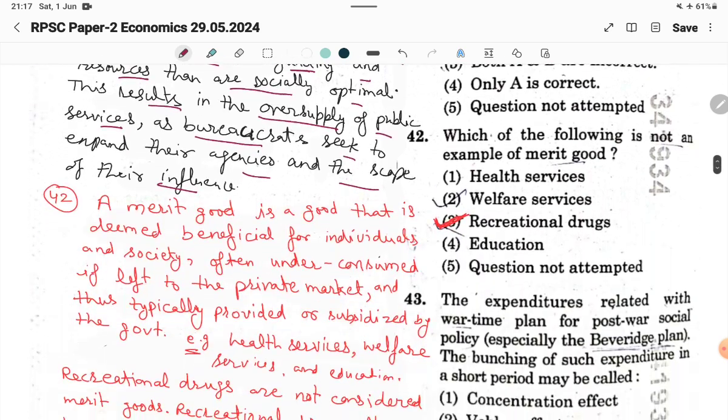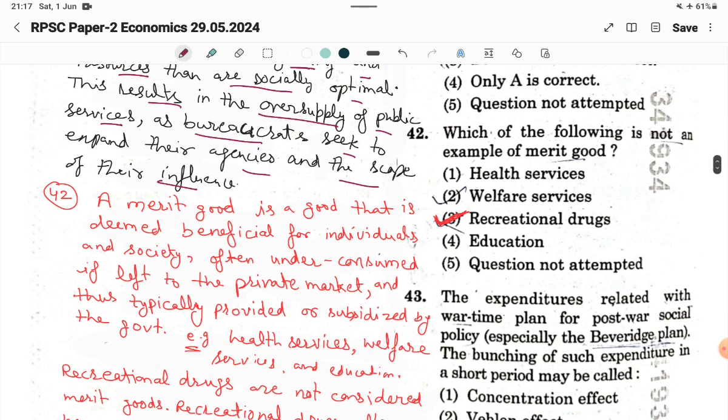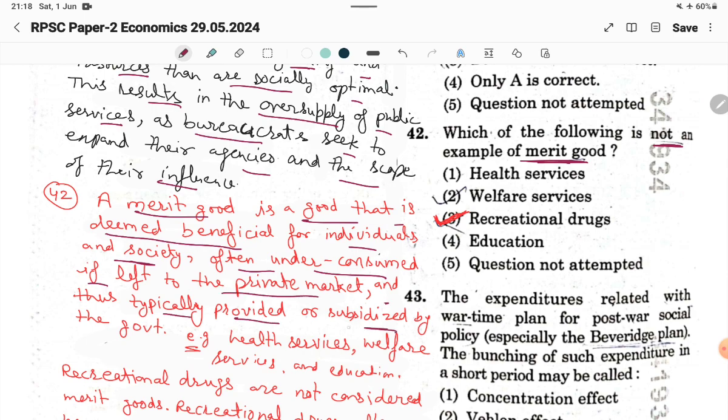Now the 42nd question, which of the following is not an example of merit good? So firstly we should know about the merit good. A merit good is a good that is deemed beneficial for individuals and society, often underconsumed if left to the private market, and thus typically provided or subsidized by the government.